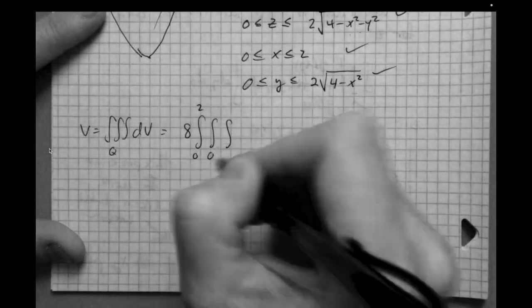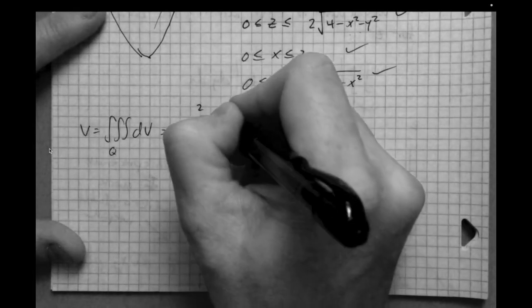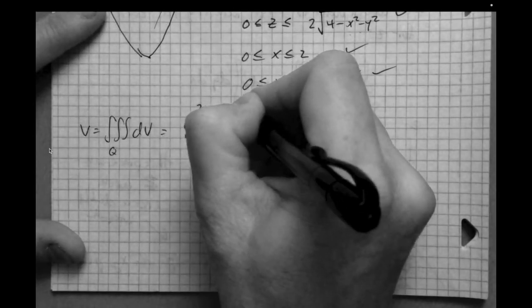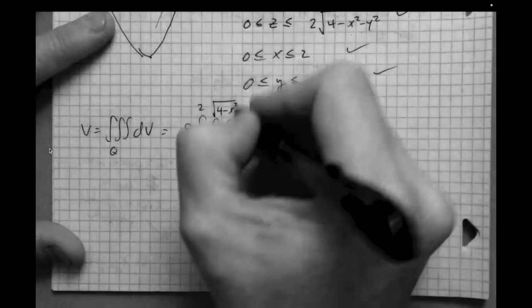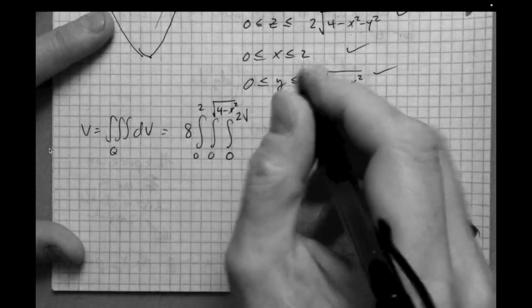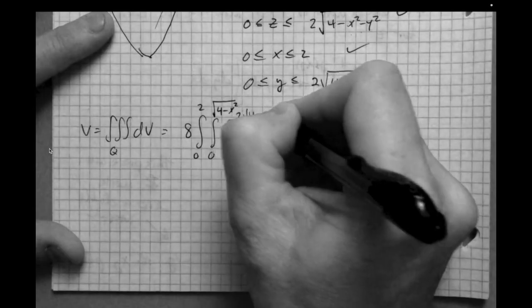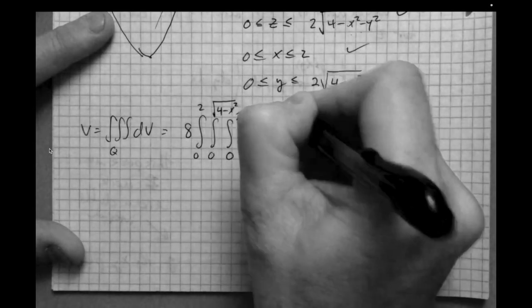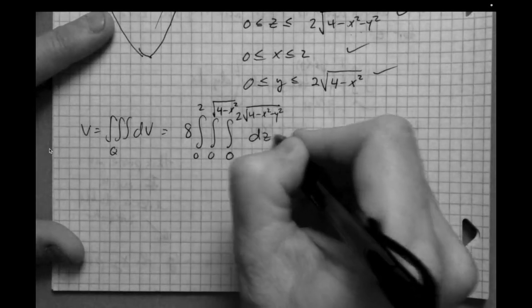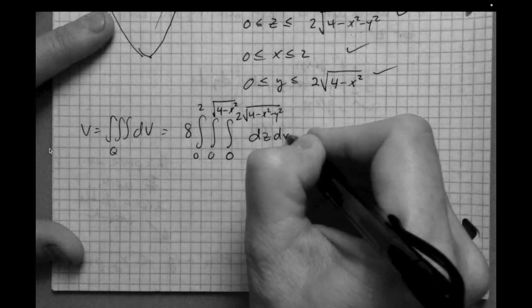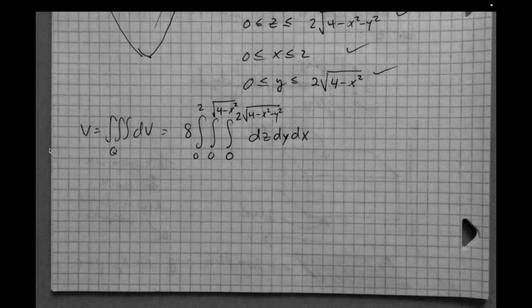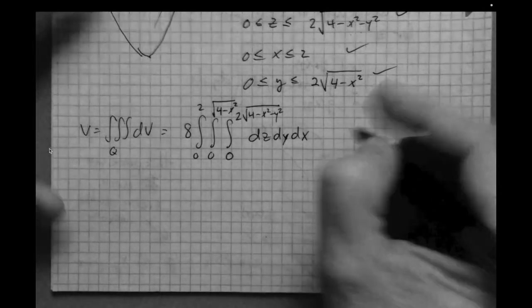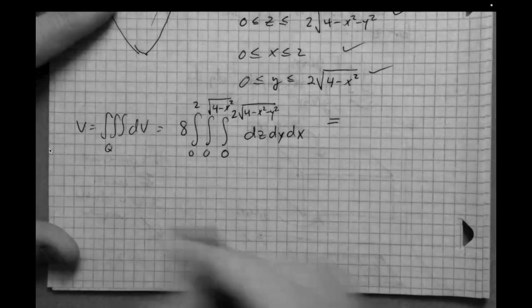And then the middle is 0 up to the square root of 4 minus x squared. And then the inside one goes from 0 up to 2 times the square root of 4 minus x squared minus y squared. Okay, and then it's dz, dy, dx. And it's relatively straightforward to do this.